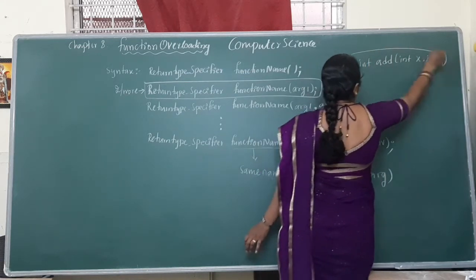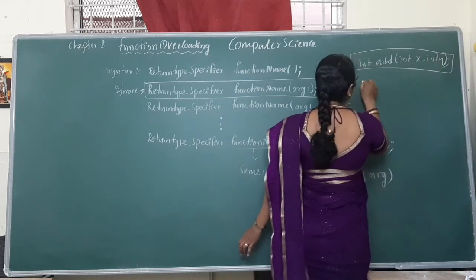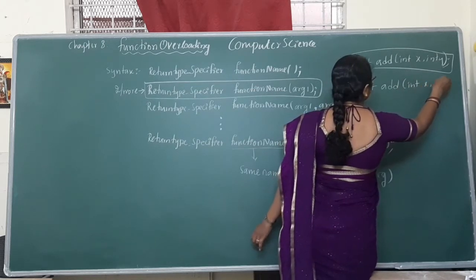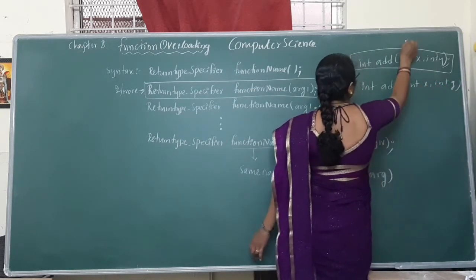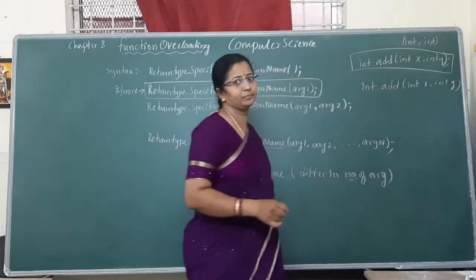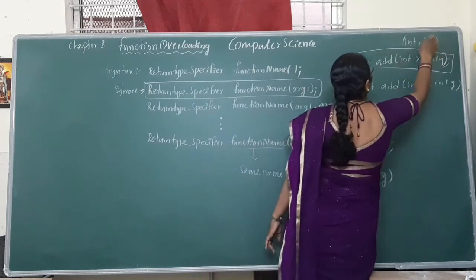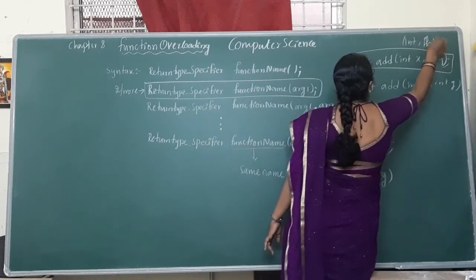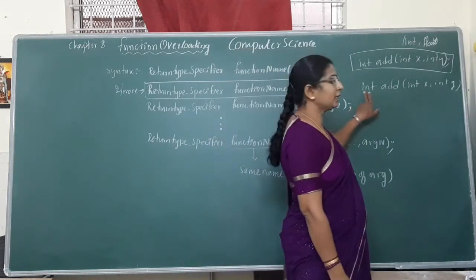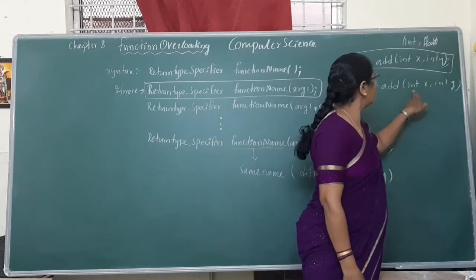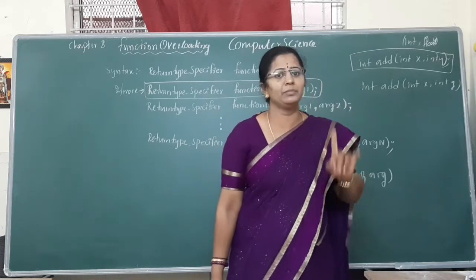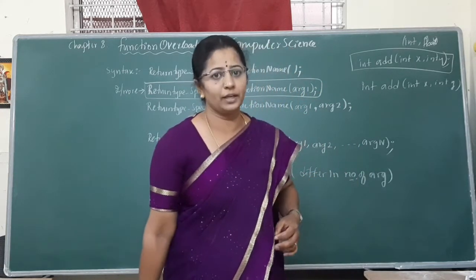See, this is one header. The same header should not be used by another function, that means integer, integer should not be repeated. Integer with float is okay. Both float is okay. But for two different functions, the return type, function name and argument data types should not all be the same. That is the first restriction or disadvantage.